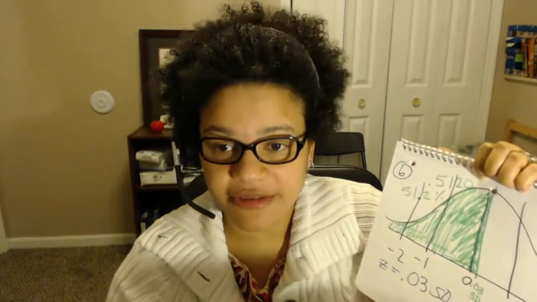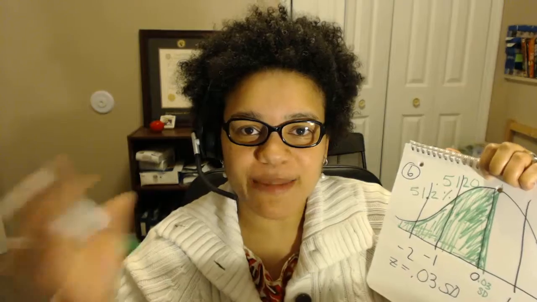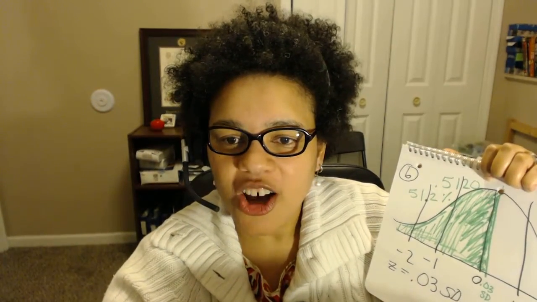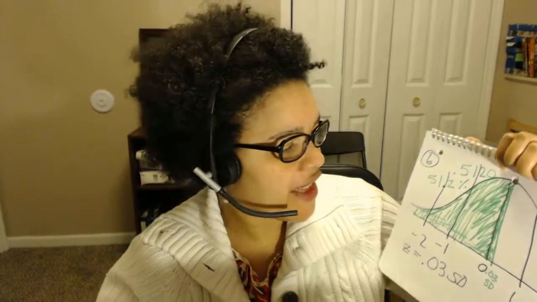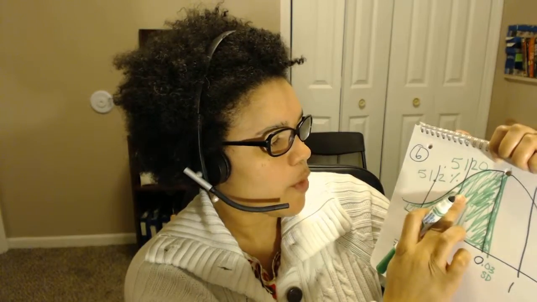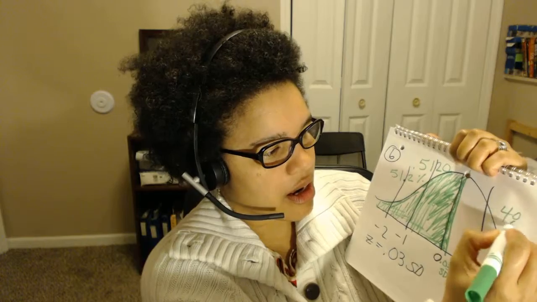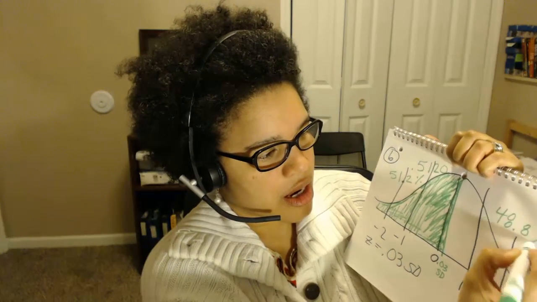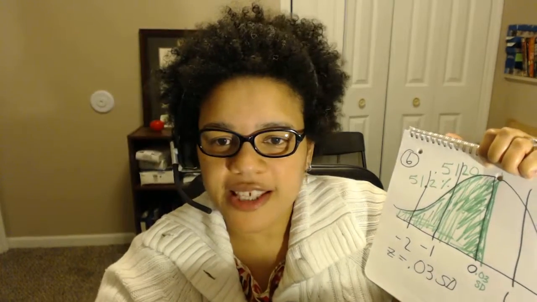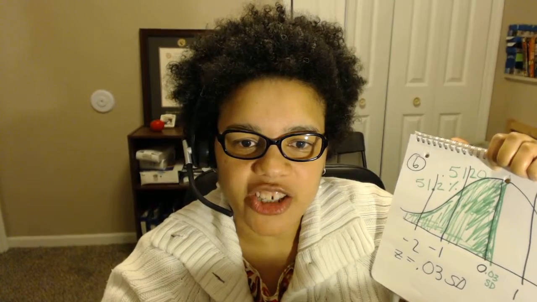So you see I was way off, because I was mixing up standard deviations and percentages or proportions. So we know that the percentile is going to be 51.2, and it looks like 48.8% of people are taller than this person whose height is 0.03 standard deviation units.